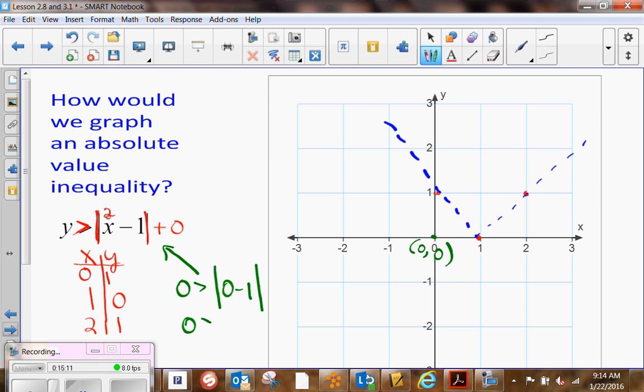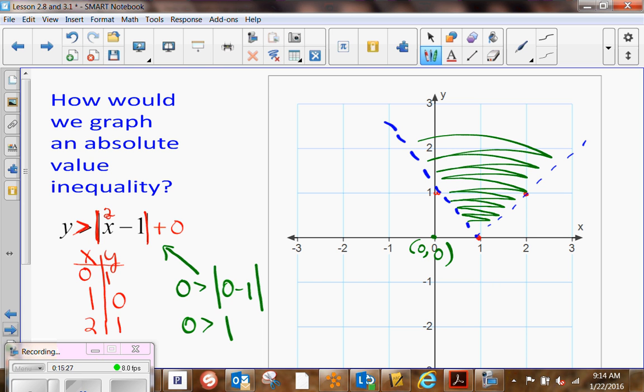So 0 is greater than the absolute value of negative 1, which is 1. That is not true. 0 is not greater than 1. Therefore, 0, 0 is not part of the solution, nor are any of its buddies. Instead, all of these points in here are going to be part of the solution set. Any of these points in here make it a true inequality.